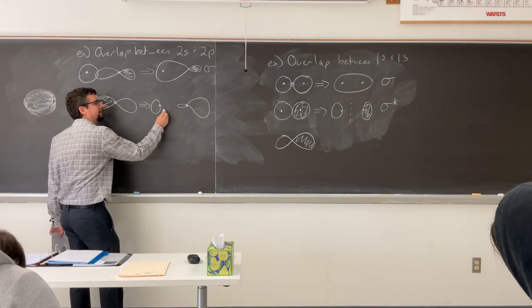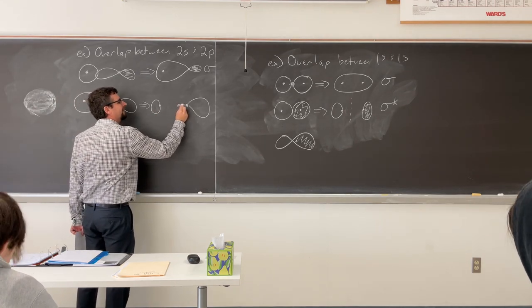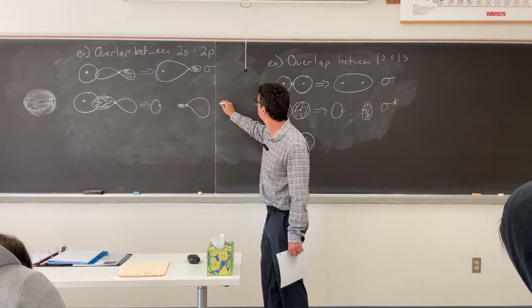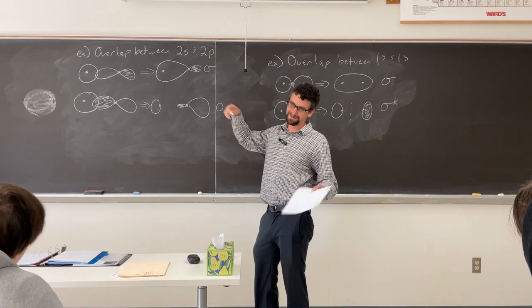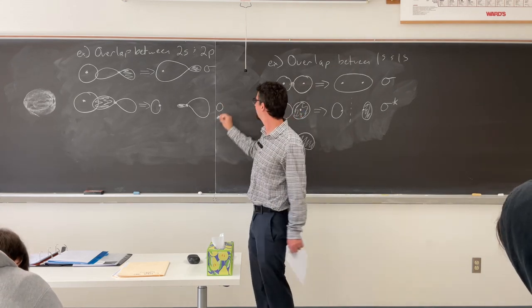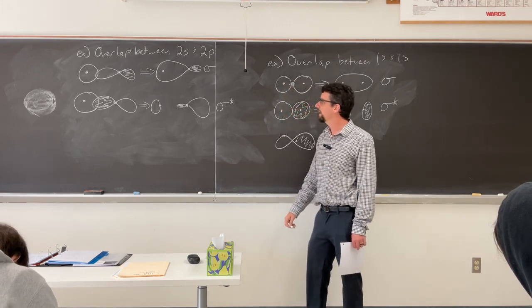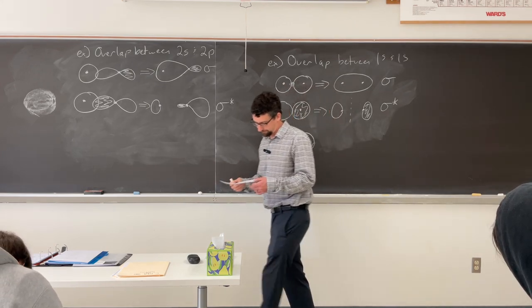The little tiny one on the side. Perfect. And what type of overlap is that? How many regions? Well, it is zero. Yeah, this guy's a sigma star. Okay. All right.